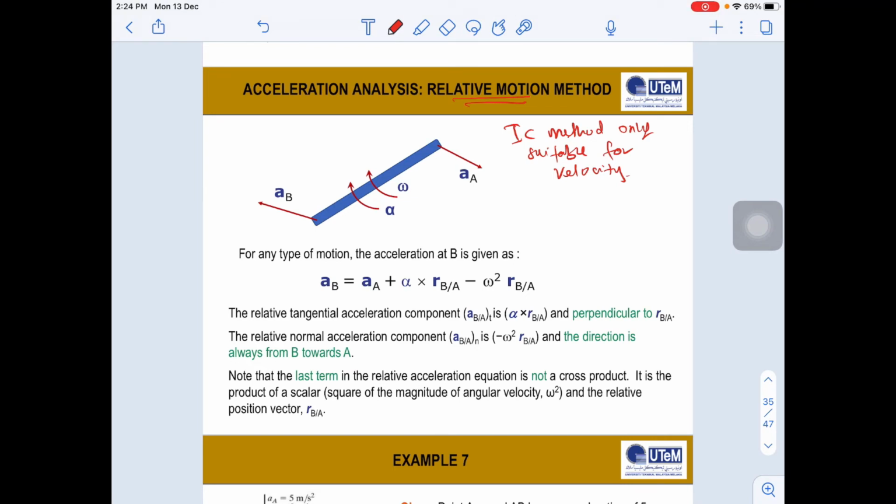So same with velocity, the equation is a bit longer, which is AB is equals to AA plus alpha times RB slash A minus omega squared RB slash A. Okay, so note that this is cross product. Same with before.